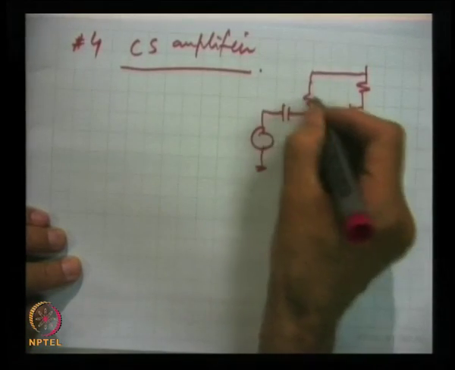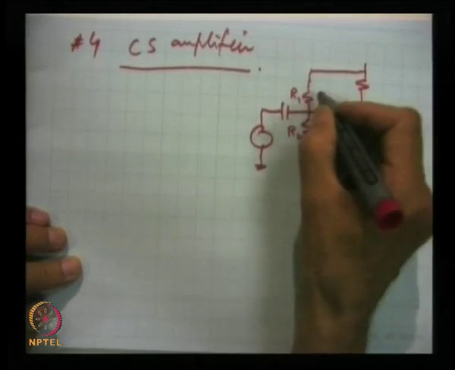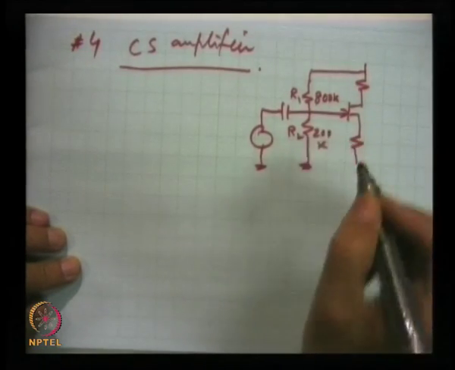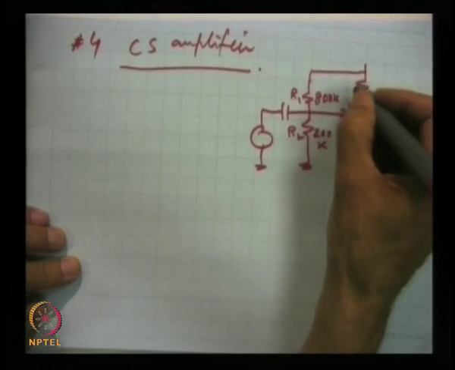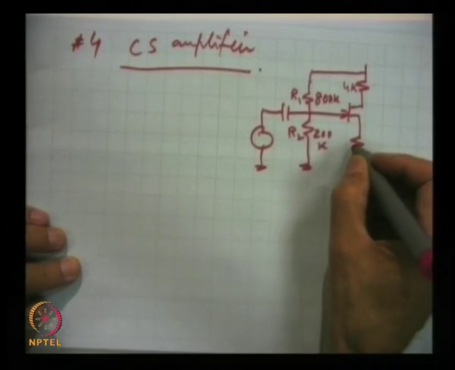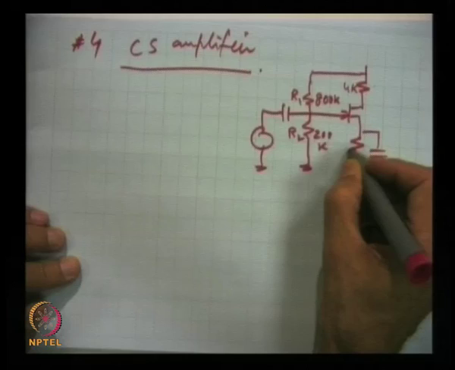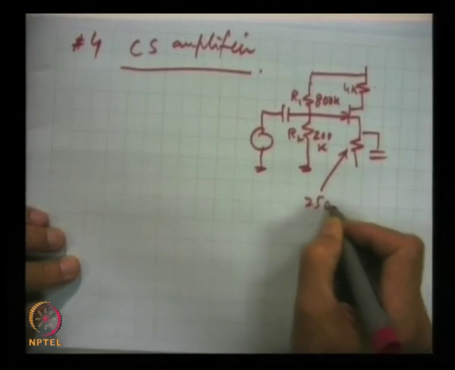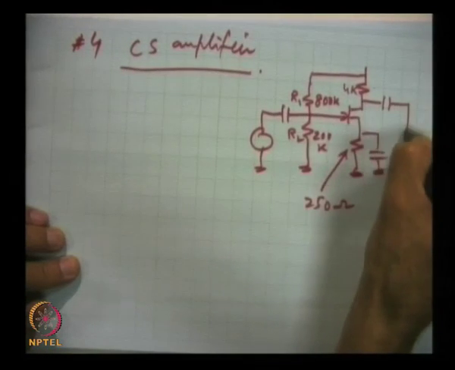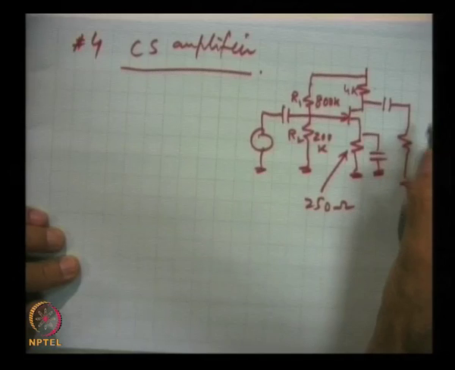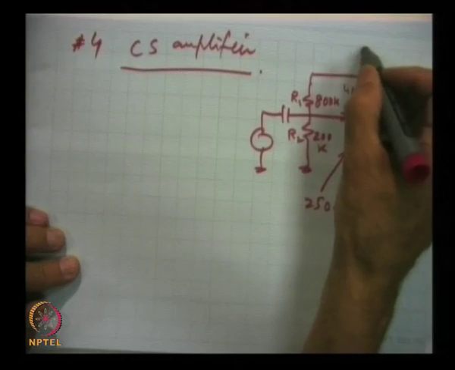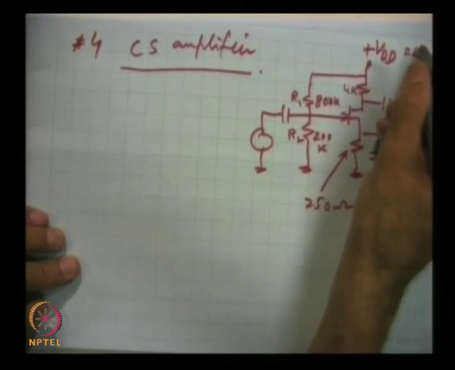This is R1, R2, this is 800K, this is 200K kilo ohms, and this is RD, which is 4K, and this is 250 ohms, and this is also bypassed, and the output is taken here. This is the load of 8K, output is taken here, and this is plus VDD equal to 15 volts.